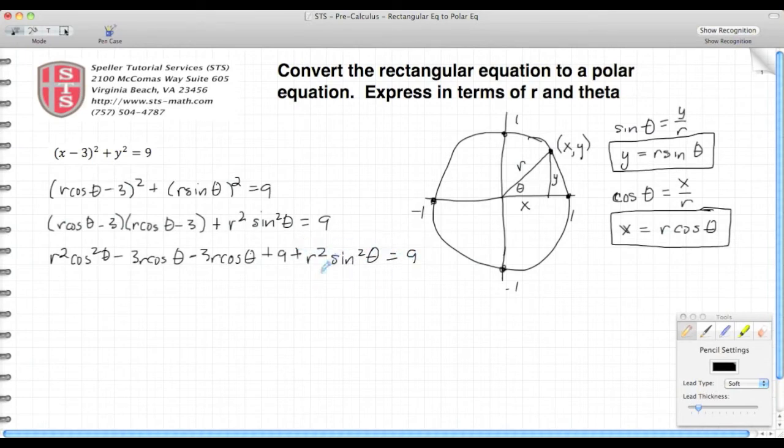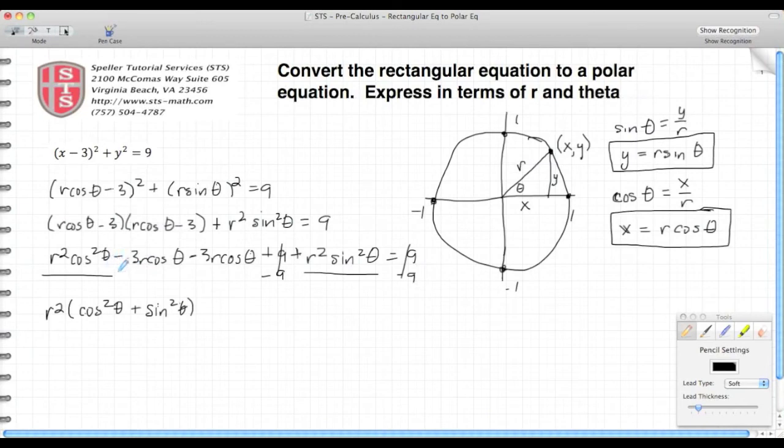Now we're going to use some rules of algebra to break this down so it's easier to see what's going on. I'm going to subtract 9 from both sides as I combine some like terms. So these 9s go away. The second thing I'm going to do is I see that I have a common factor of r squared for this term and that term, so I'm going to factor out an r squared. So I have r squared times (cosine squared theta plus sine squared theta).